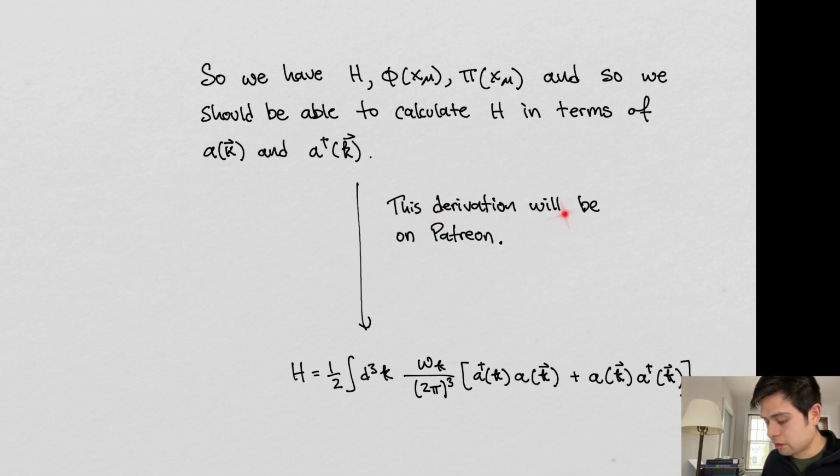This is a long process. Again, this is something that you will see on my Patreon page if that's something you're interested in. I do think, though, that this isn't something that should be dwelled on for too long in a video lecture, because I think we really would just want to hit the important parts of this.